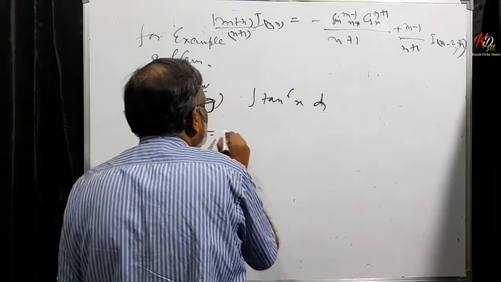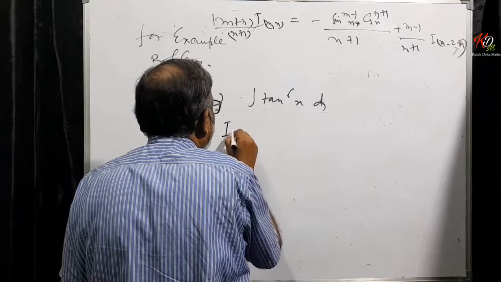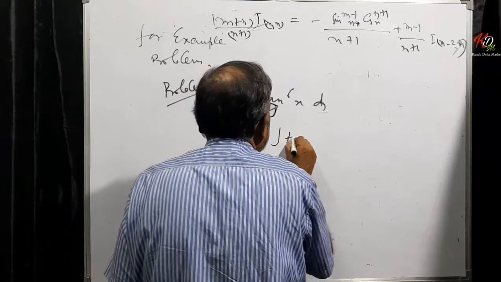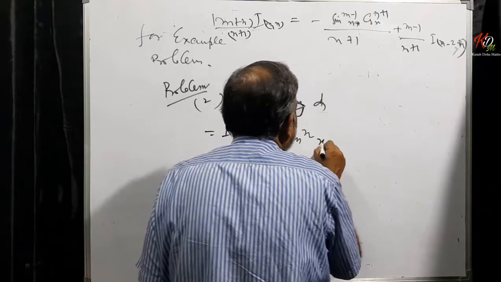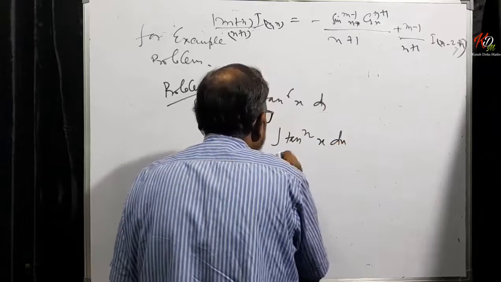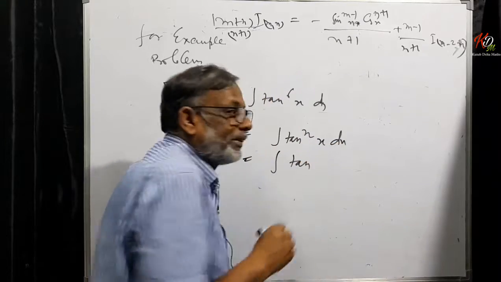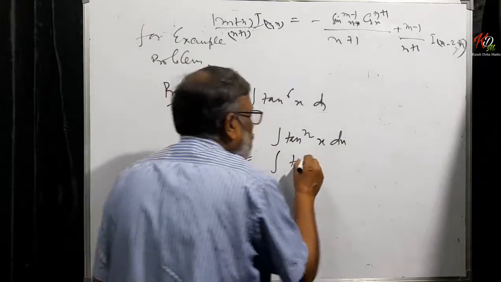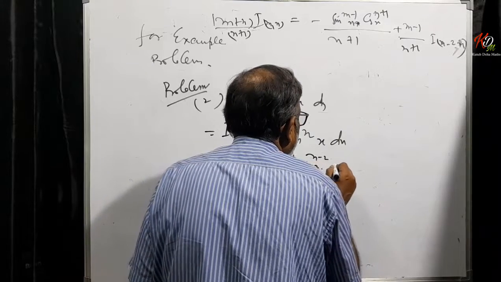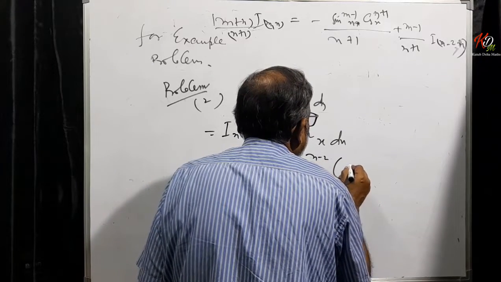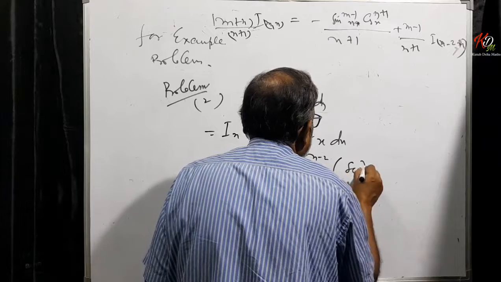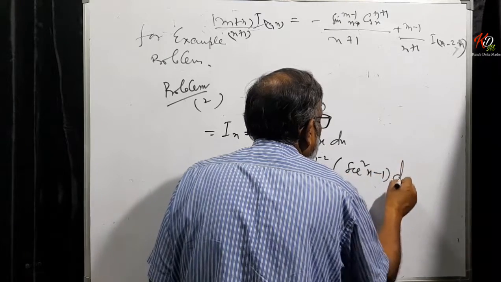Very easy. We know that I n equals integration of tan to the power n x dx. The reduction formula will be tan n minus 2 x tan square x, that means sec square x minus 1 dx.